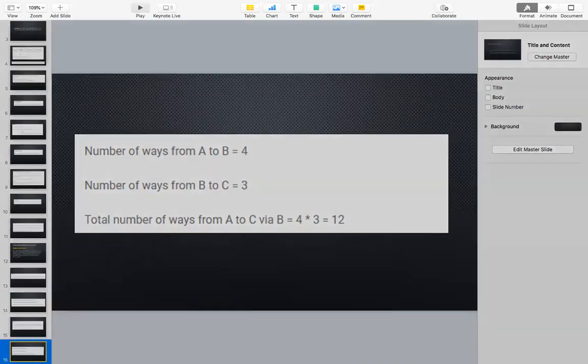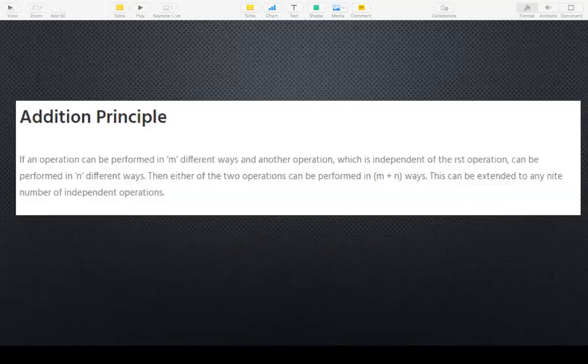So let's discuss what is addition principle. So guys, in multiplication principle, the processes were done in succession, one after the other. But out here, it is going to be independent.